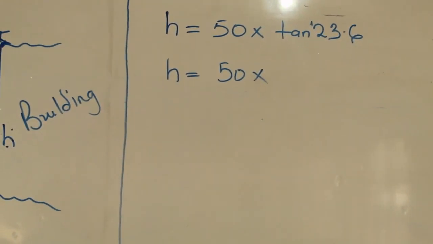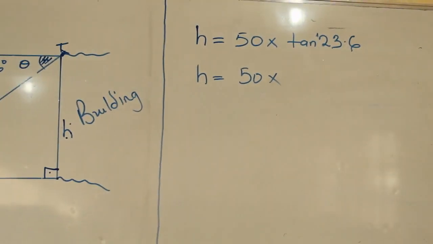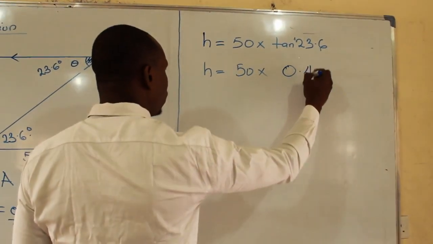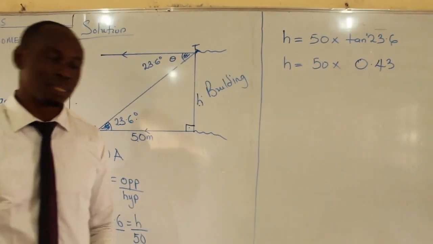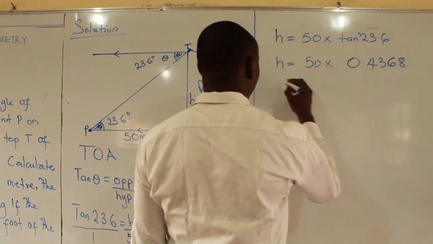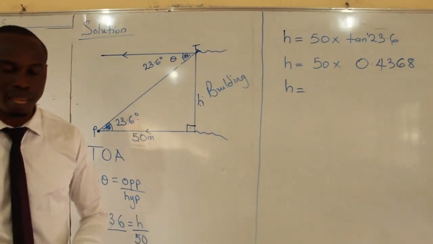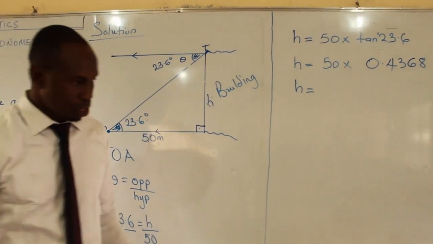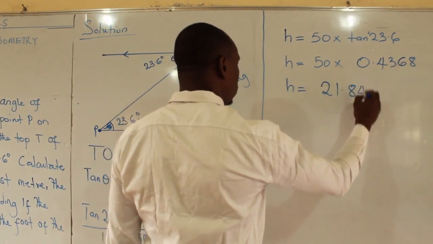Or you check out the value of tan 23.6 first from a 4-figure table, and that is 0.4368. And by the time you also use a calculator to multiply 0.4368 by 50, you get 21.84.